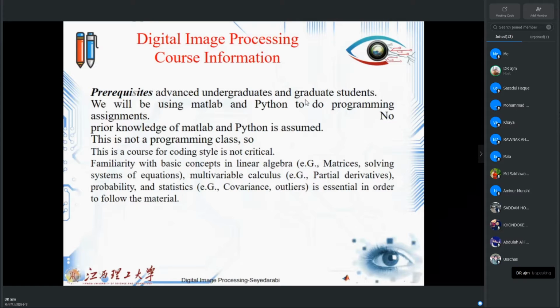There is not much need to memorize, but you should know how to use it. These are the tools. I don't want you to reinvent the tools. I want you to use the tools. Then some concepts like matrices, solving systems of equations, multivariable calculus, partial derivatives, probability, and statistics are essential in order to follow the material which we have in the book.